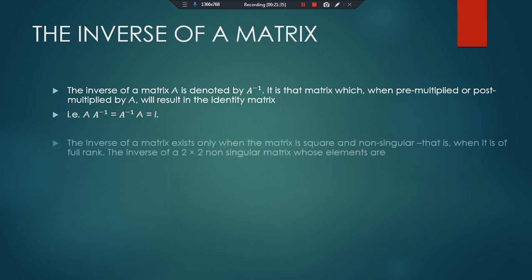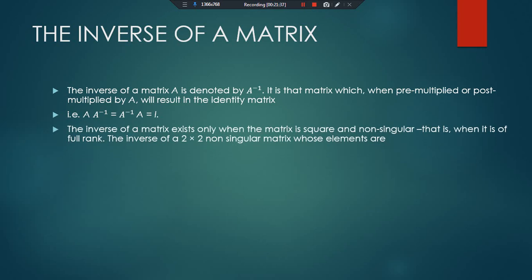The inverse of a matrix exists only when the matrix is square and non-singular, that is, when it is of full rank. For a 2 by 2 non-singular matrix with elements A, B and C, D, the inverse is 1 over AD minus BC, its determinant, times the transposed matrix.